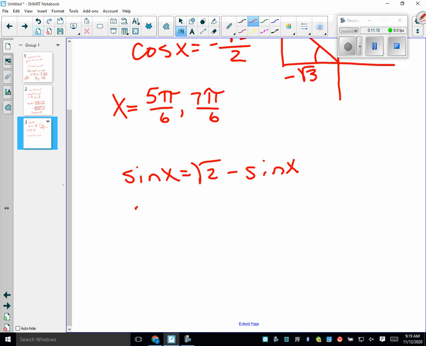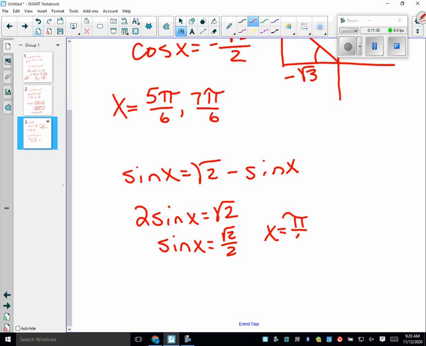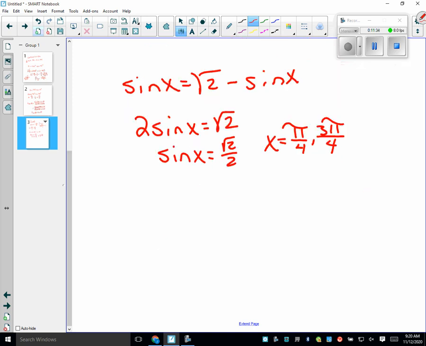So I have 2 sine of x equals radical 2. What does sine of x equal? Radical 2 over 2. So what is x? It is pi over 4 and 3 pi over 4. Okay.